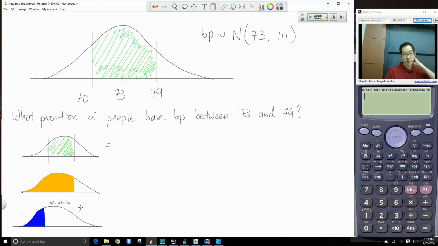All right. And so we're saying this green area here is going to be equal to this orange minus this blue piece, okay? And so the cutoff over here is at 79, and the cutoff over here is at 70, okay?